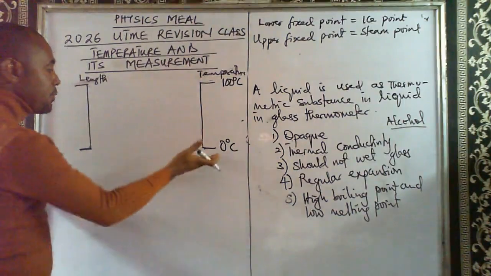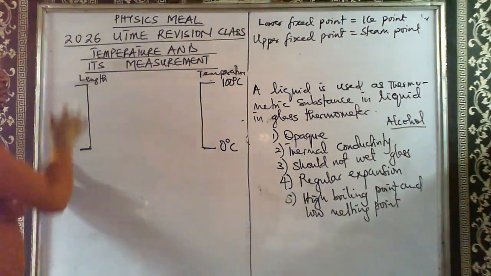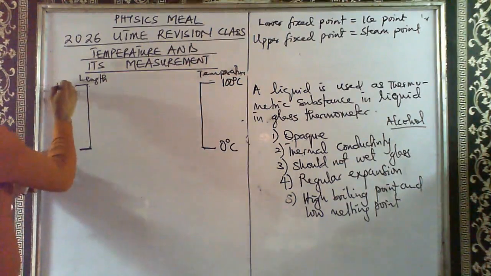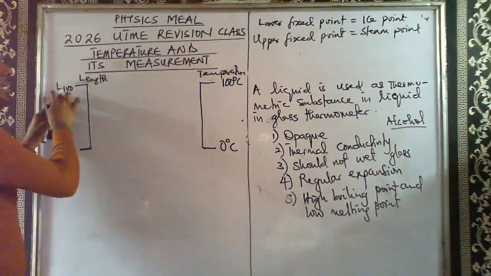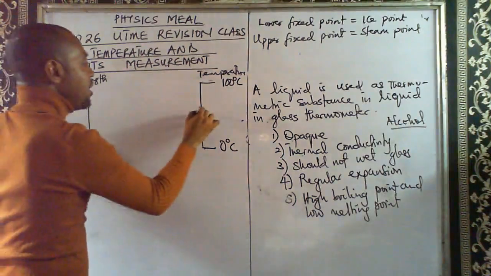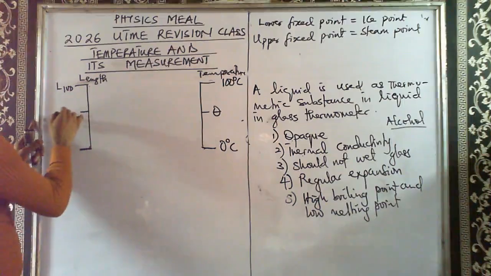Okay. So now let the length that corresponds with the lower fixed point be L0. That's the length of the liquid at the lower fixed point. And let L100 be the length of the liquid at the upper fixed point. Now, if I have any temperature that I want to measure, there should also be a length.